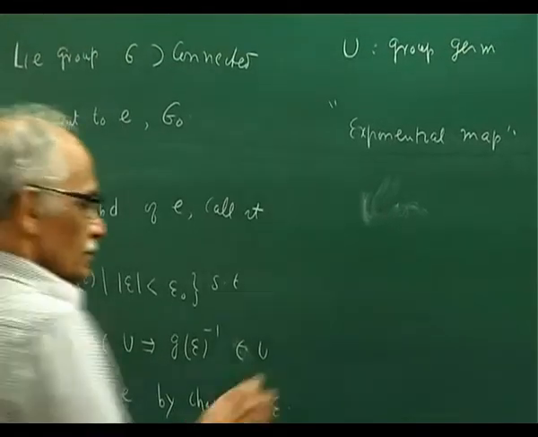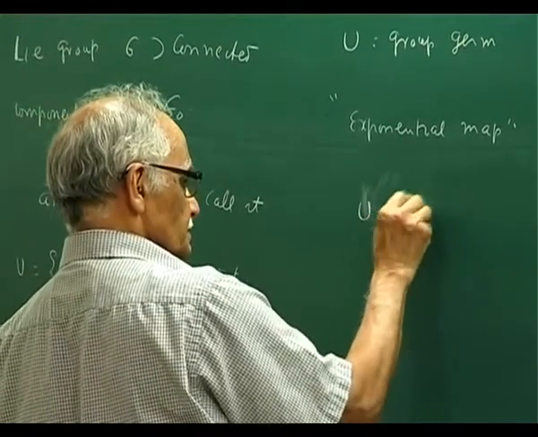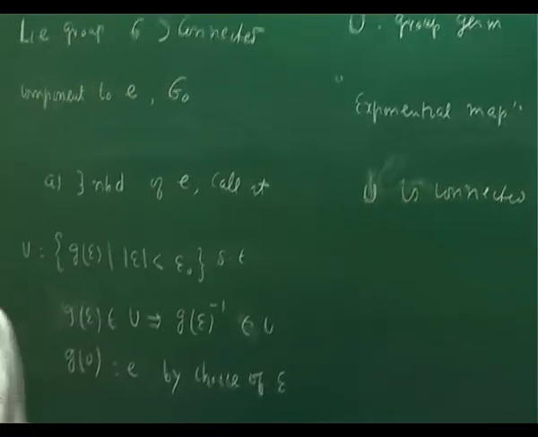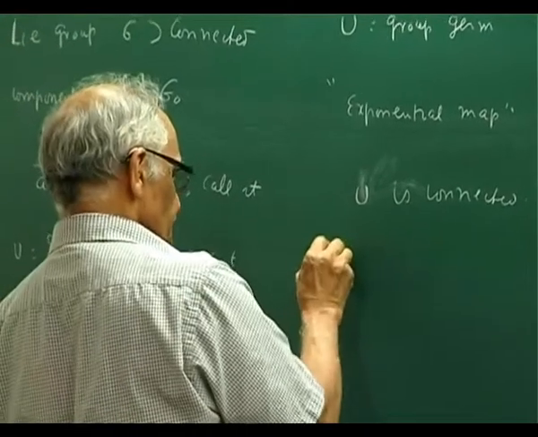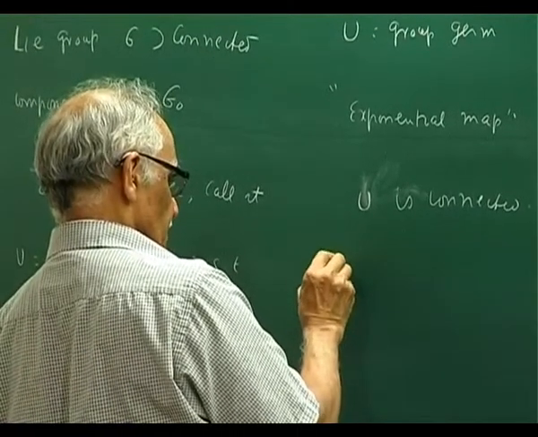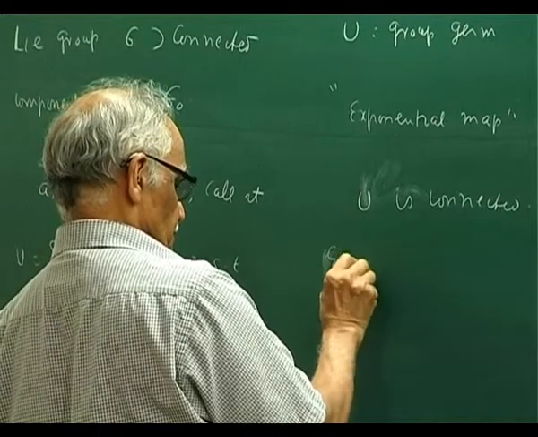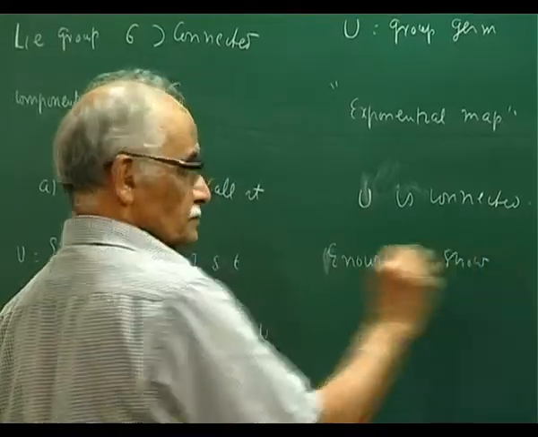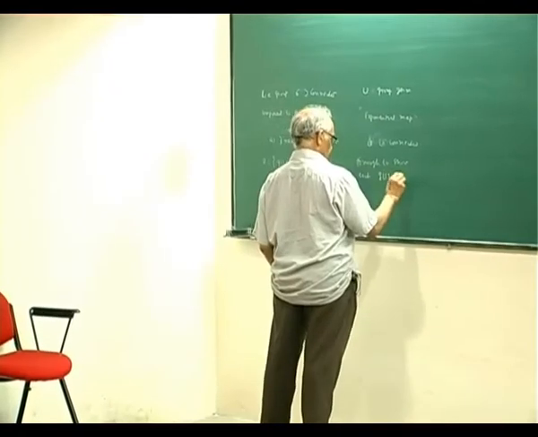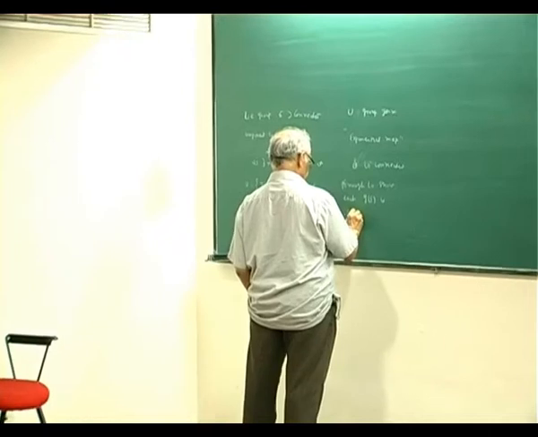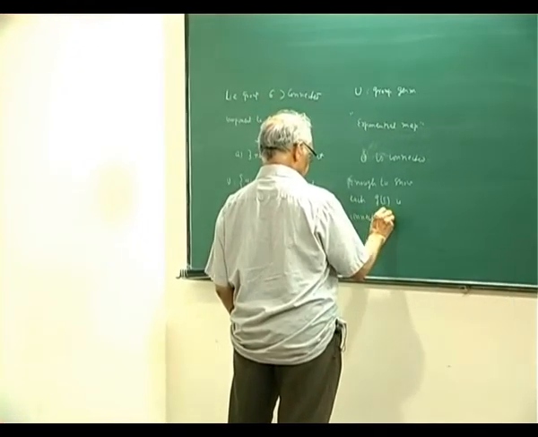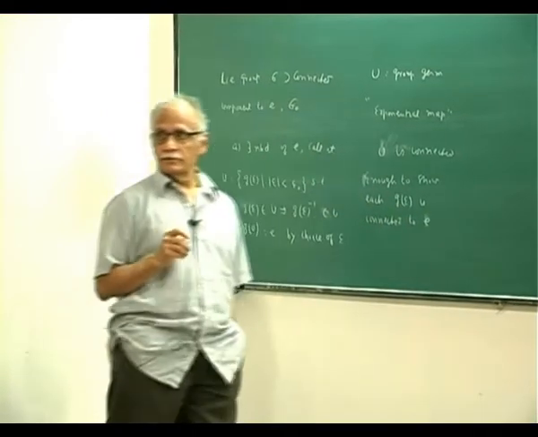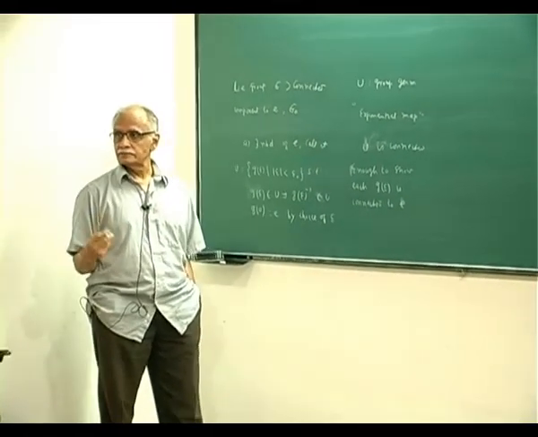Now U is connected. That is okay, since it is enough to show that every element is connected to E, to identity, right? Because then I can connect any 2 points via origin.